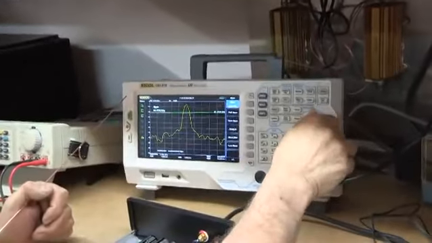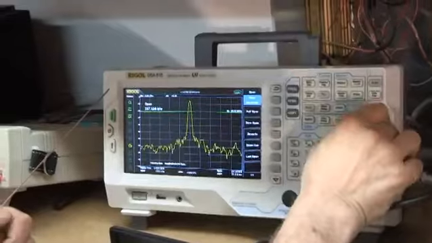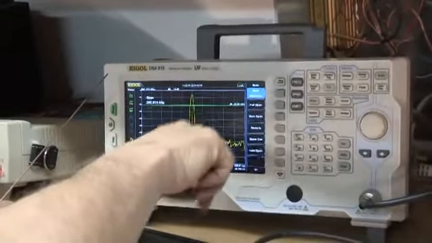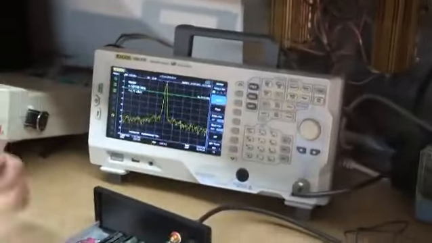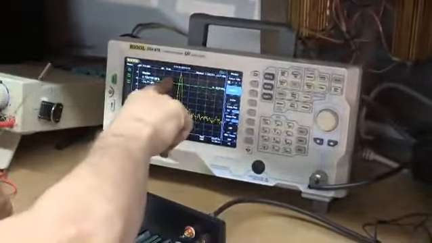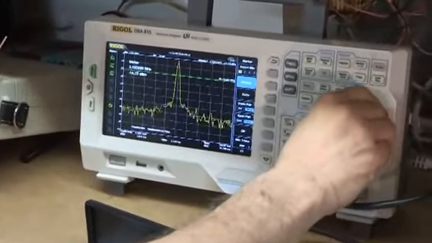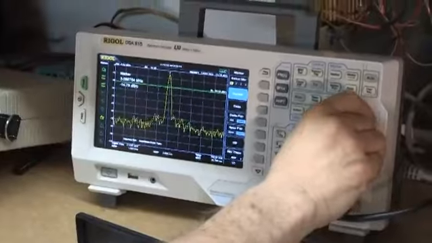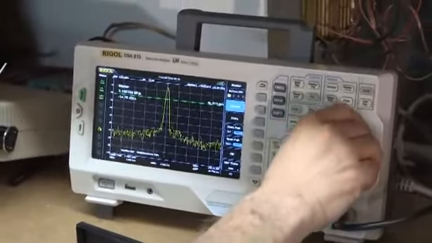And then we'll span this in so that we can see there's nothing being generated. In other words, we're not generating anything here. All right, then we mark this. It's telling me, according to my span, where my generator is, see? So there's my fundamental frequency. All right?